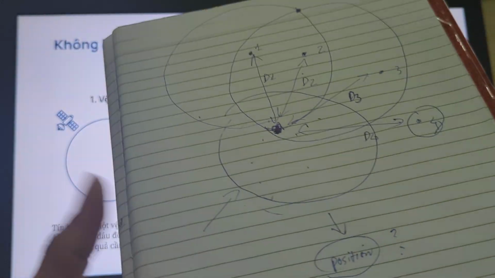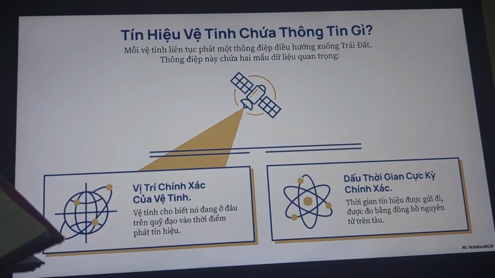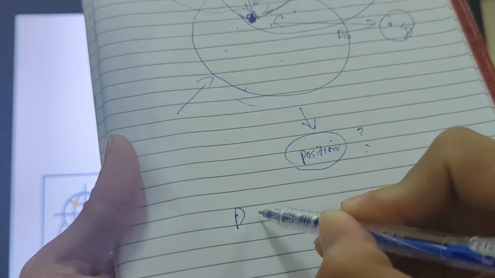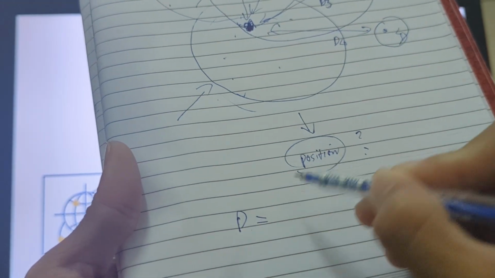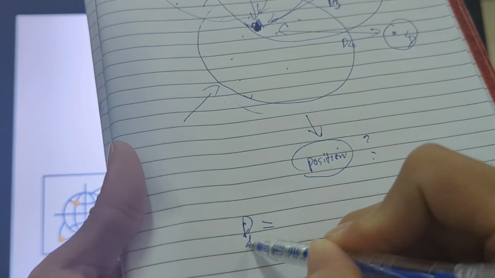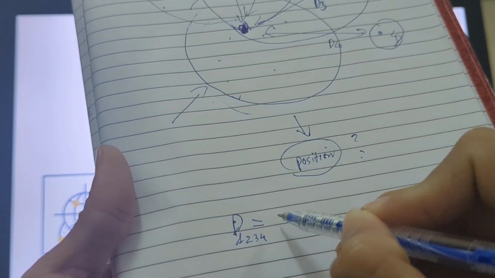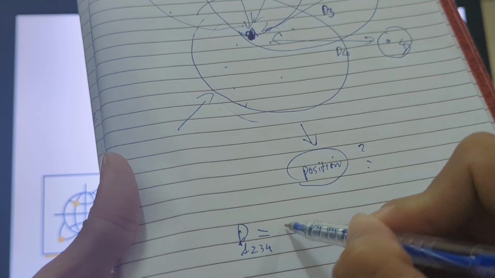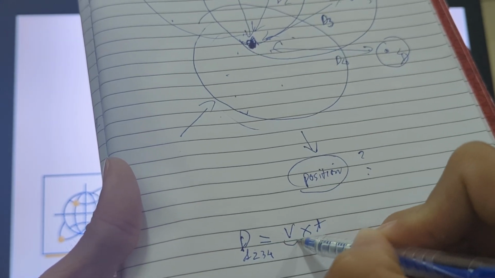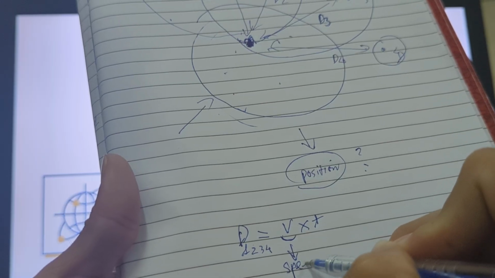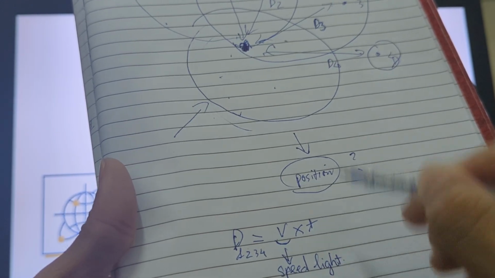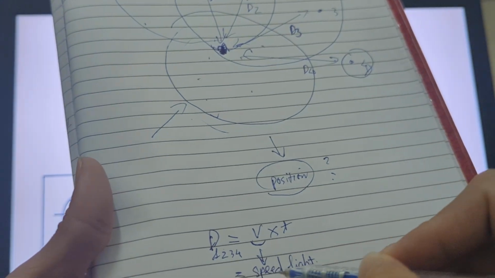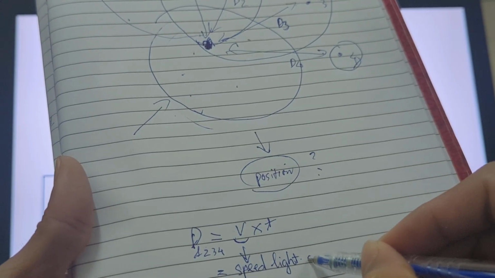The distances D1, D2, D3, D4 are each the product of velocity and time. Velocity is the speed of light, because the signal travels from the satellite to the surface of the Earth at the speed of light, which is constant.